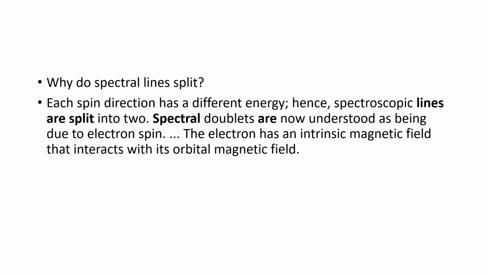Now the electron has two motions, spin as well as orbital, and both interact with each other. In the presence of a magnetic field, two possibilities are there, maybe plus or minus. That is why we are getting doublets.